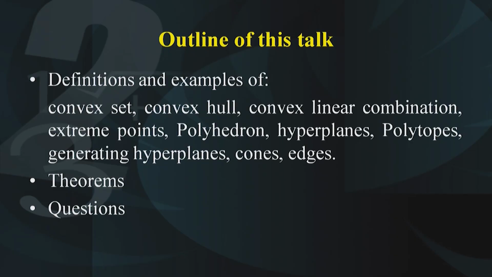So, we will be talking about some definitions and some examples of various definitions like convex sets, convex hull, convex linear combination, extreme points, polyhedrons, hyperplanes, polytopes and generating hyperplanes, cones and edges.